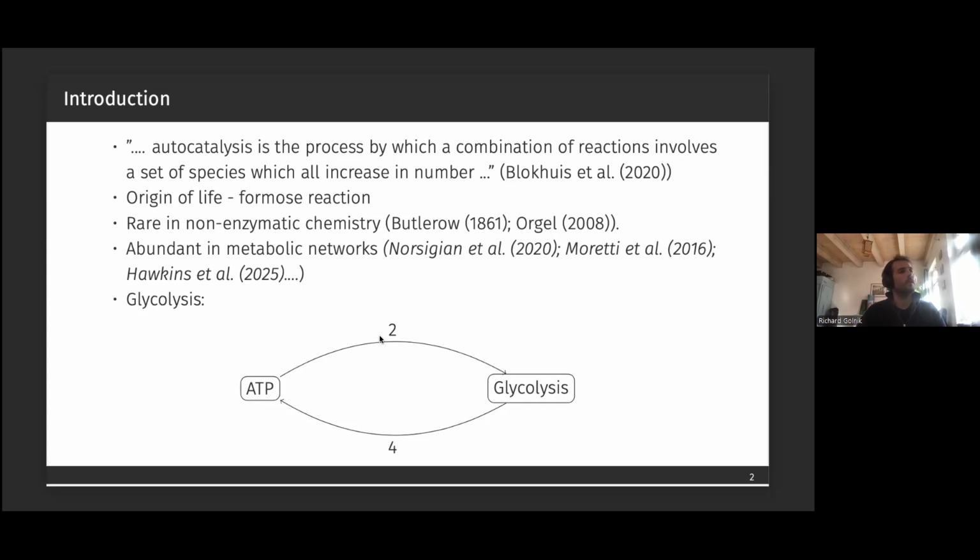Excuse me, Richard, if I take the reaction X goes to Y, then Y will increase. Is there any autocatalysis here? I don't think so. No, X goes to Y, no. But it corresponds to the definition, in the first line. No, but we have to have that all of the species which are involved increase in number. So also the X has to increase in this case.